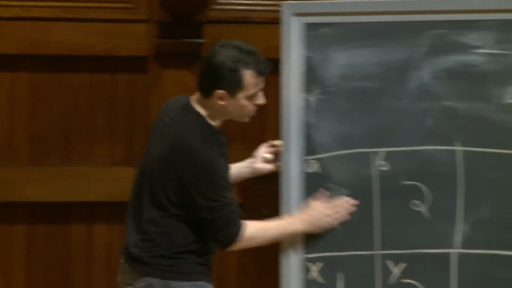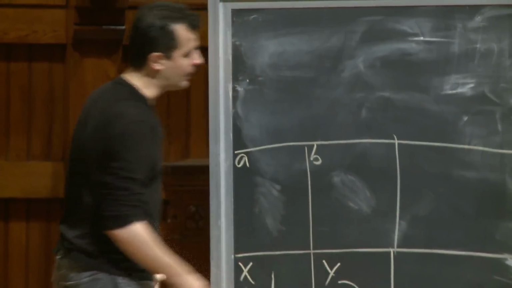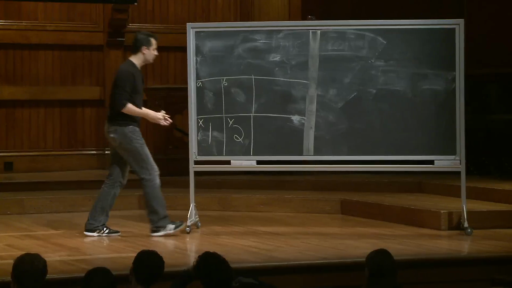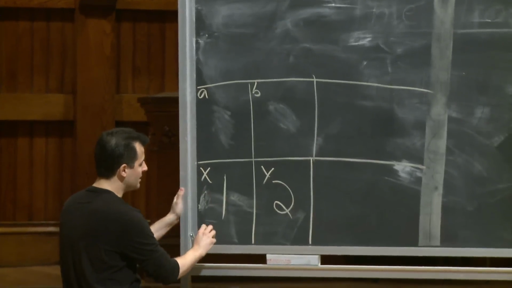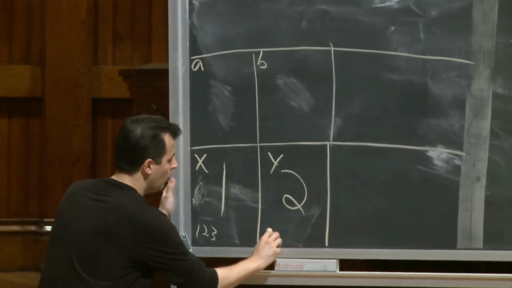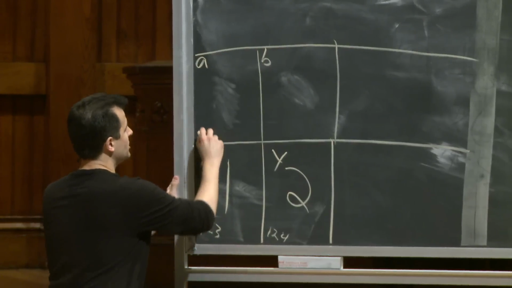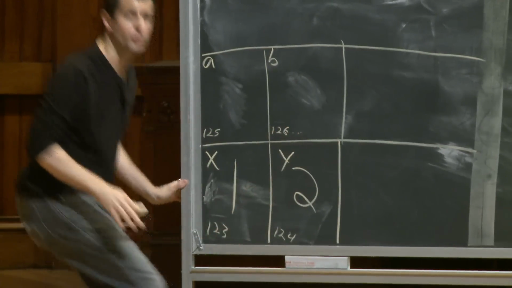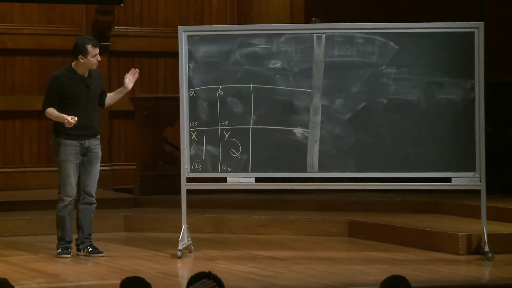So now we need to just give myself a little more detail on the screen. This is my computer's memory, as it's been all day. Now we need some arbitrary numbering scheme. So let's just say, just by chance, that this is memory address 123, 124. Let's just say this is 125, this is 126, and so forth. But that's totally arbitrary. We just need some numbering scheme in my memory.